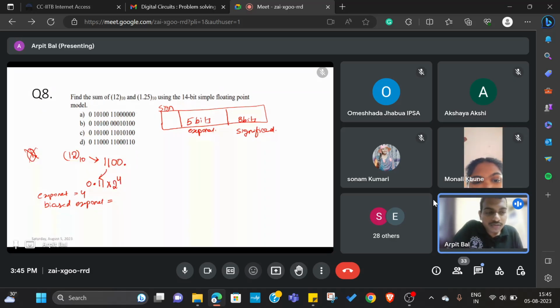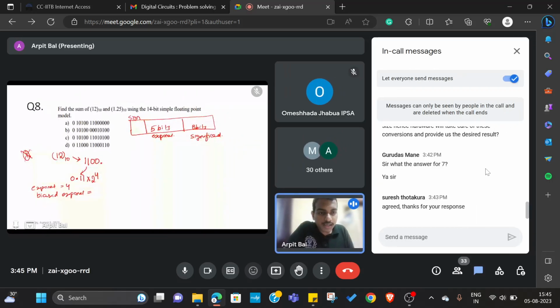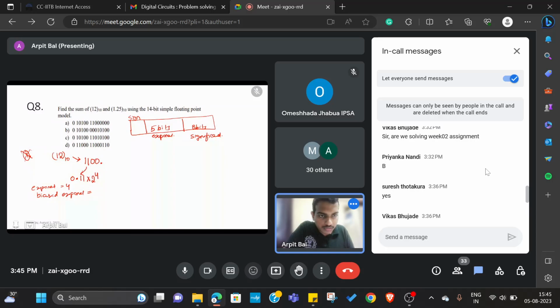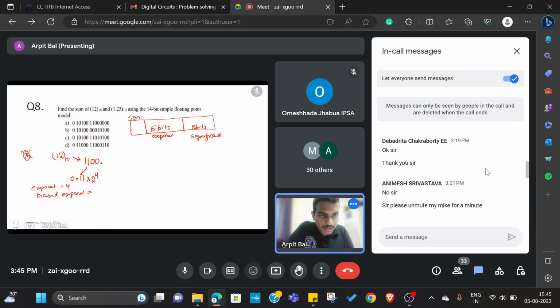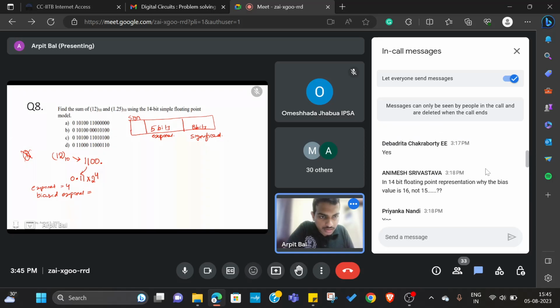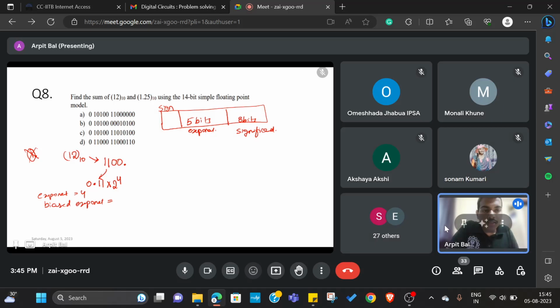Just some time ago someone asked a question, why is it 16 and not 15? Let me go to that question again. Yeah, Animesh asked, why is it 16 and not 15? These are the standards that are followed.